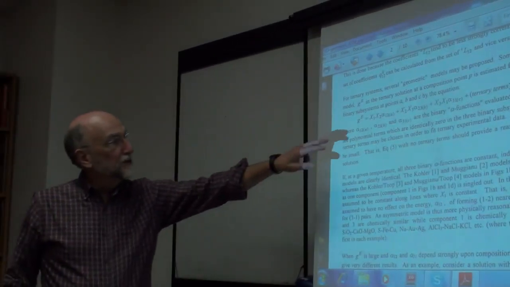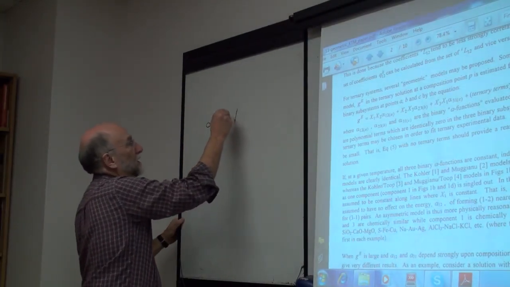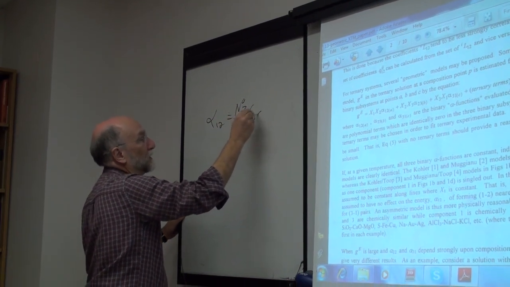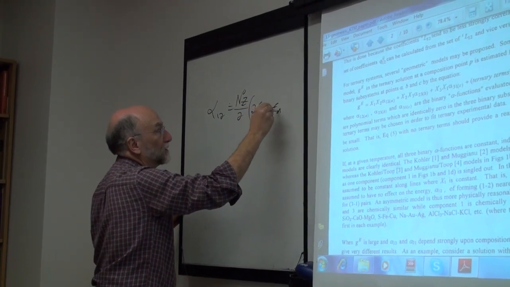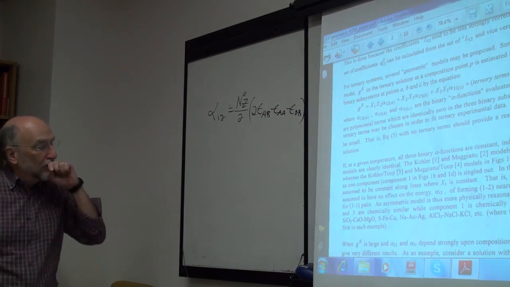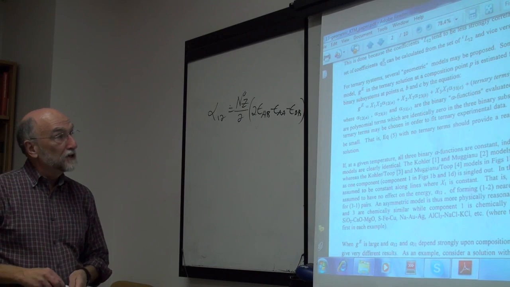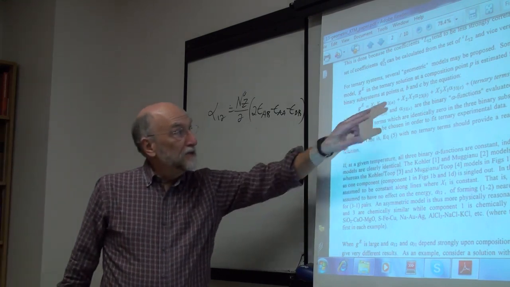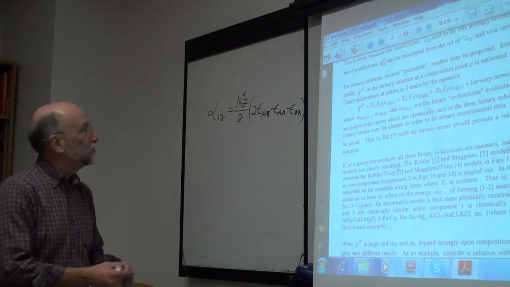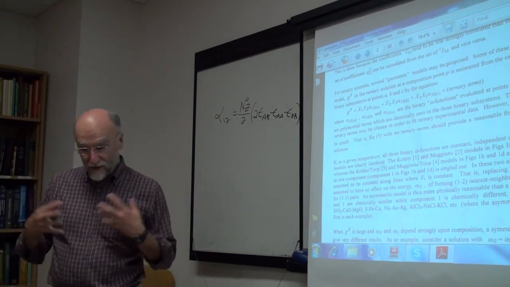Okay, what you're saying is, let's say the alphas are constant. If the alphas are constant, then alpha 1, 2 is N naught z N Avogadro over 2 times twice the epsilon of an AB bond minus epsilon of an AA bond minus epsilon BB bond, etc., etc. If alpha 1, 2 is constant, independent of composition in the 1, 2 system, then that essentially means that the 1, 2 system, for some physical reason, obeys the regular solution theory, which means, to a first approximation, the most important thing in regular solution theory is the random mixing.